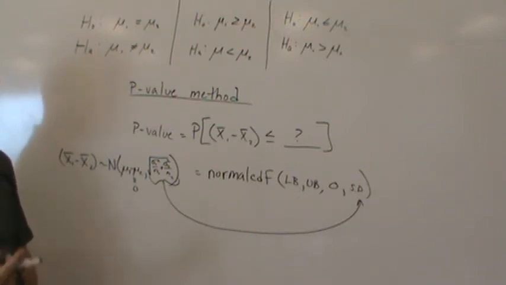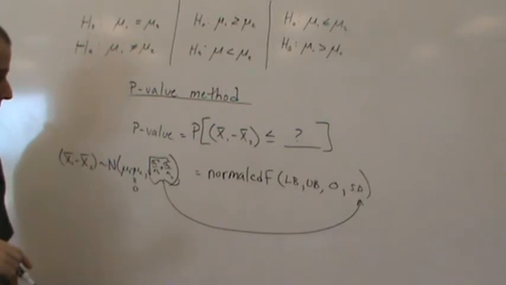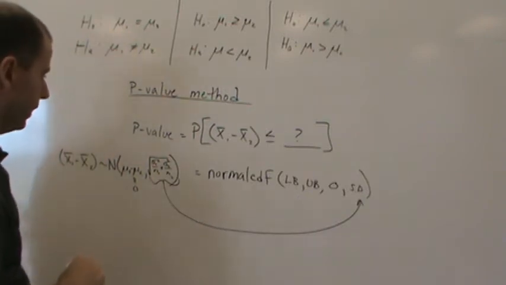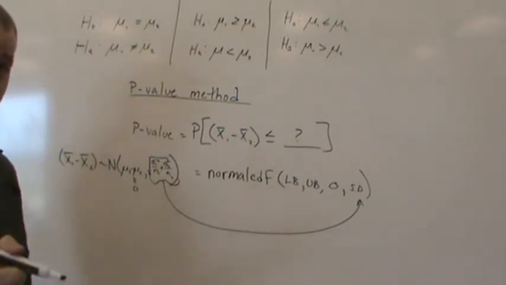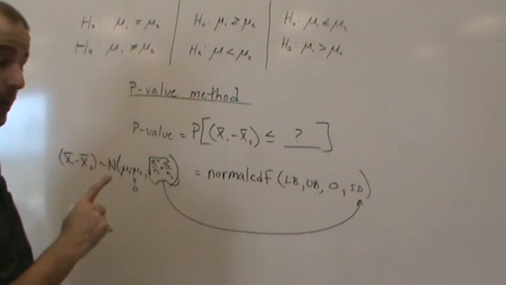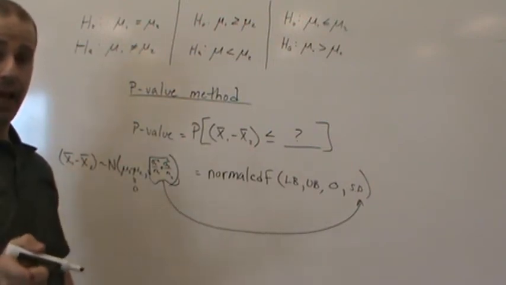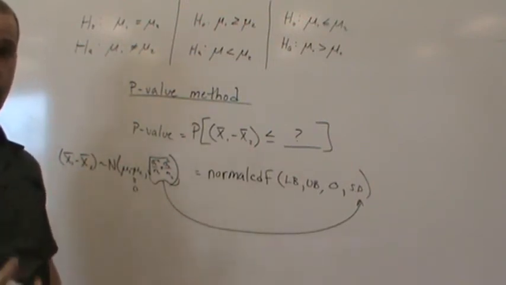Now, the way I would do it is I would just go ahead and calculate the z-score and use the z-score, your test statistic z-star, in the probability. Because remember what we talked about in Chapter 3 about percentiles, z-scores, and probability.